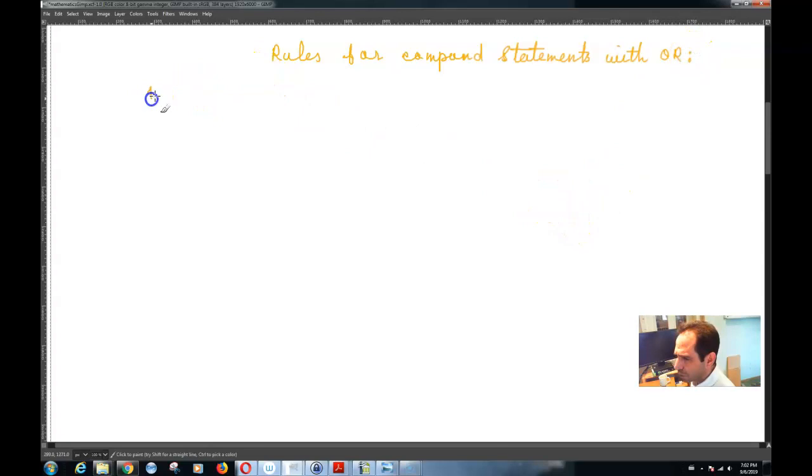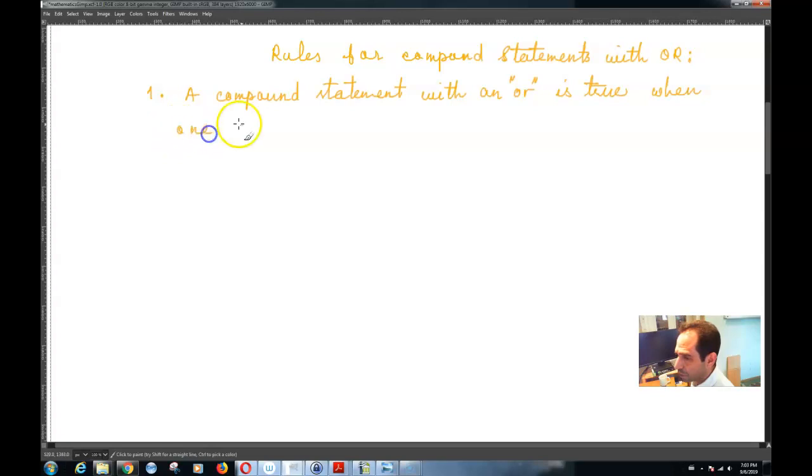So rule number 1, a compound statement with an OR is true when one component statement is true or both the component statements are true.